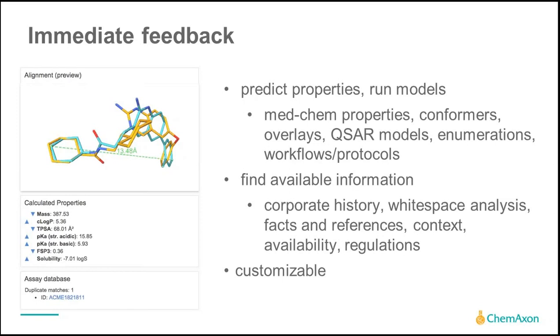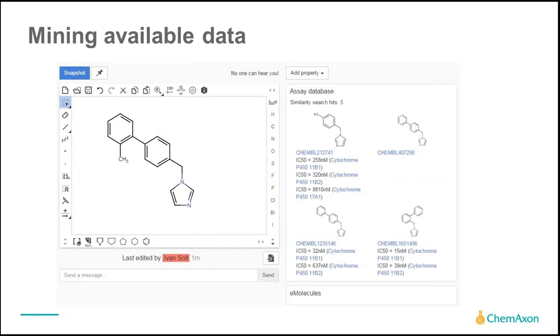These can be simple physico-chemical calculations or property predictions, but also more complex models like, for instance, a 3D alignment, like in this picture. Now, mining the data that is relevant for your design can be of various types. In this particular example, what I'm showing is that getting that information from an assay database can be really important for a meeting.